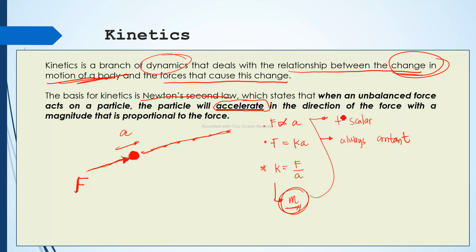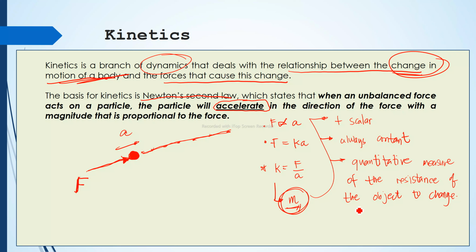So mass is a quantitative measure of the resistance of the object to change. We call this inertia.